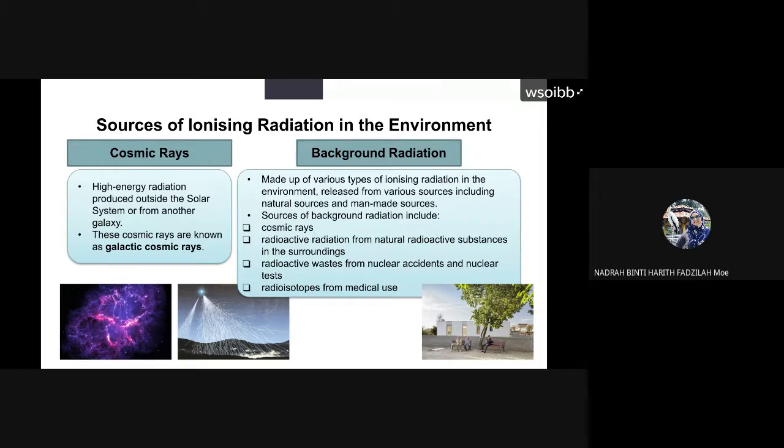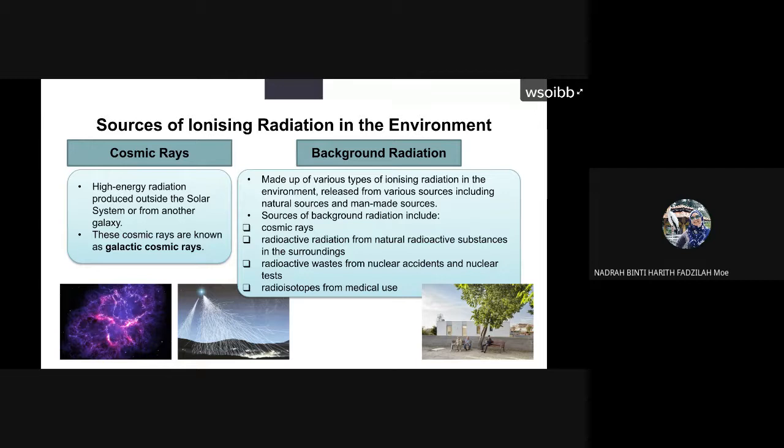So radioactive waste from nuclear accidents ni dia akan, sebab kita dah discuss mengenai half-life kan. So radioactive waste ni have a very long half-life. So it takes many years for the emission of ionizing radiation from the radioactive waste to start to decrease to a level where it is safe for human to live in that particular area lah.